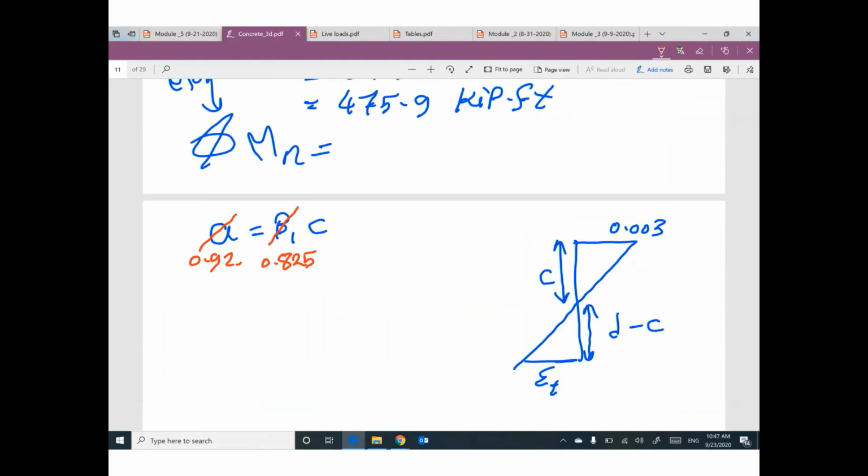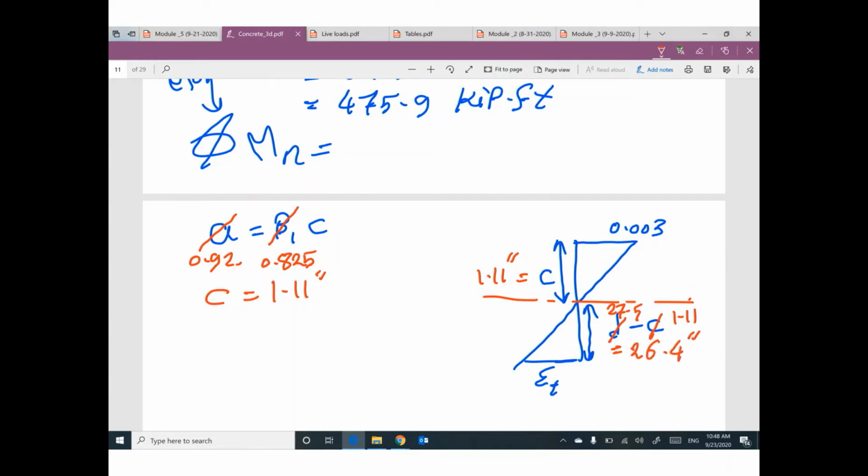So I can figure out the value of c, the actual depth of the neutral axis, will be 1 inch and 11. So your depth 27.5, value of c 1.11. So I can figure out the value of this one will be 26.4 inch.